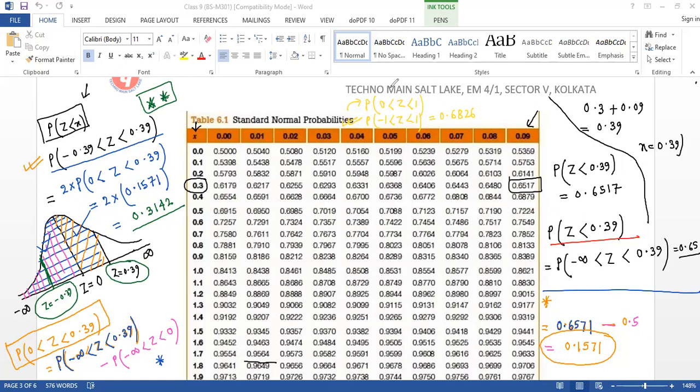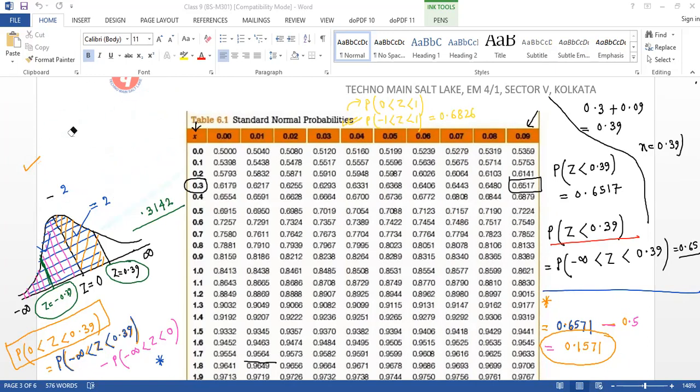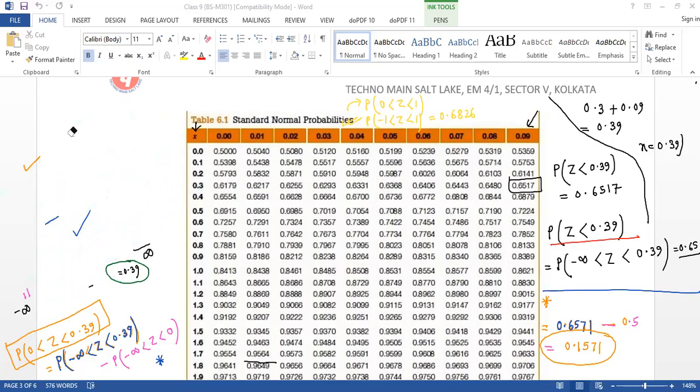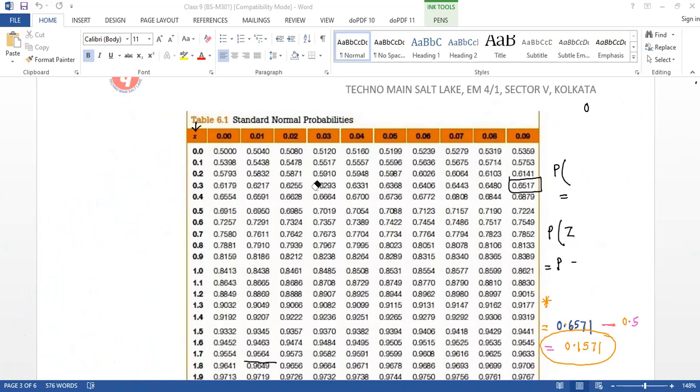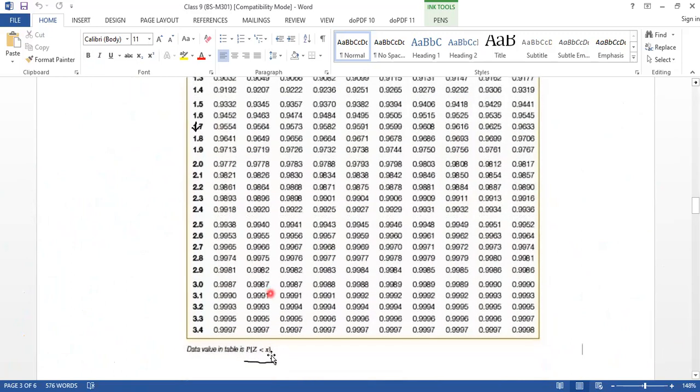Before you apply the chart, this particular point is very important. Suppose you have grabbed a book from the college library, I don't know which one, a statistics book, and you are doing a normal distribution problem from the exercise and need to take the help of the normal curve table. Then just look at what the meaning of the chart is.